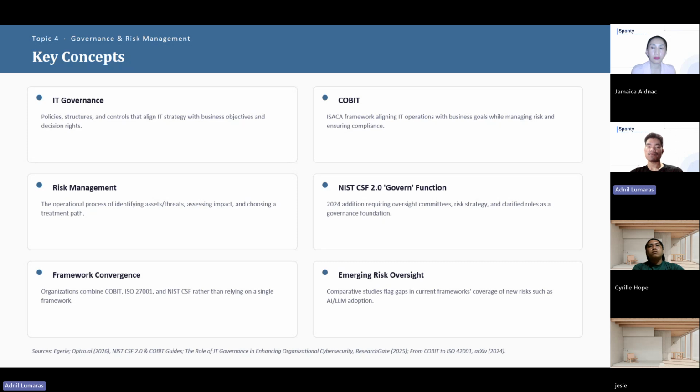The 2025 IT governance study similarly concluded that a well-structured governance framework is necessary to foster a proactive, resilient cybersecurity posture, underscoring governance and risk management as the layer that ties policies, roles, and compliance standards into one coherent, board-accountable program. This is the thread that connects everything our topic covered today.